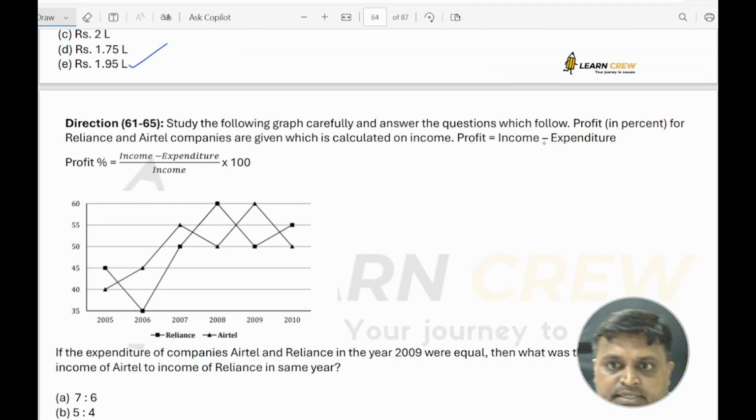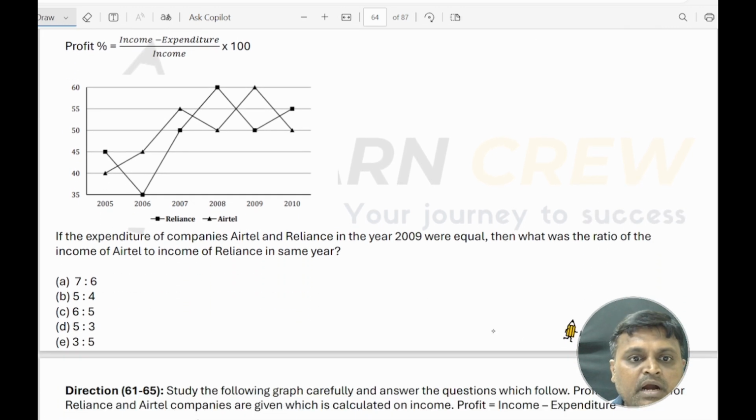Now next, what is given here? If the expenditure of companies Airtel and Reliance in the year 2009 are equal, then what was the ratio of the income of Airtel to the income of Reliance that year?